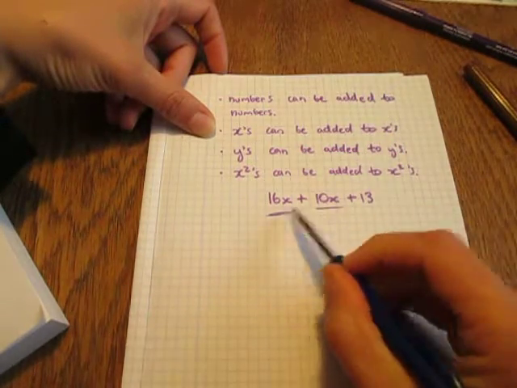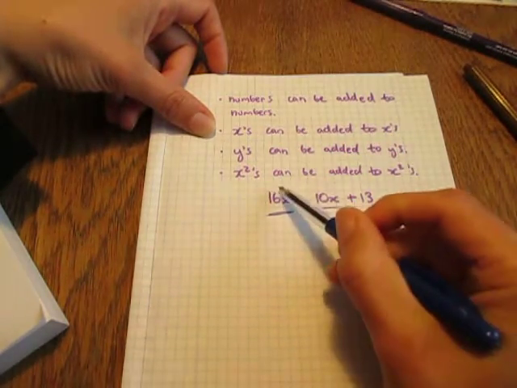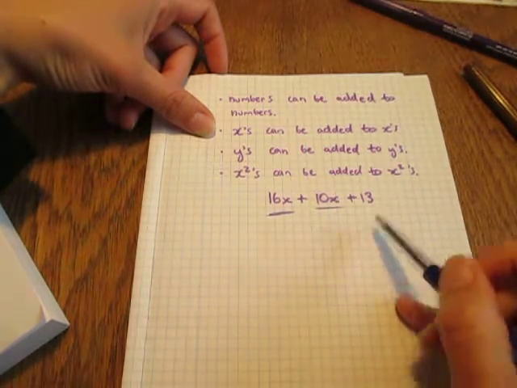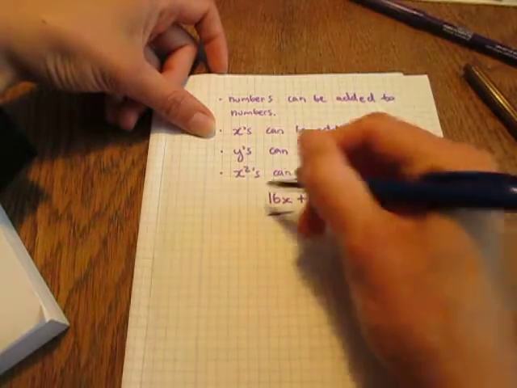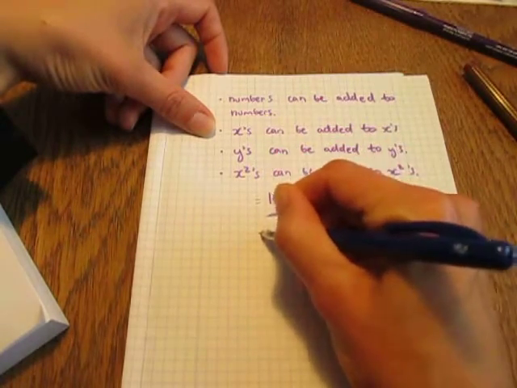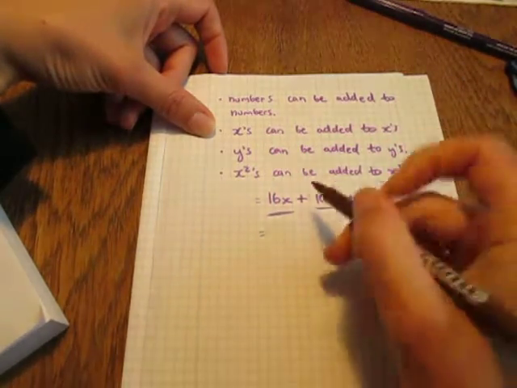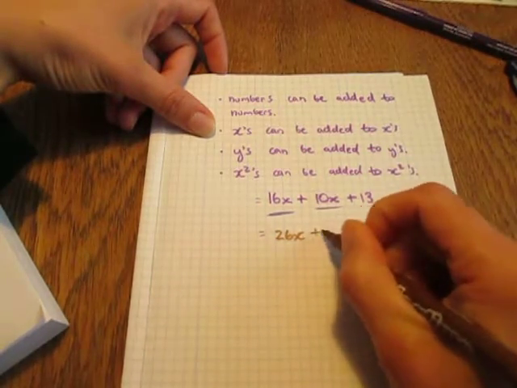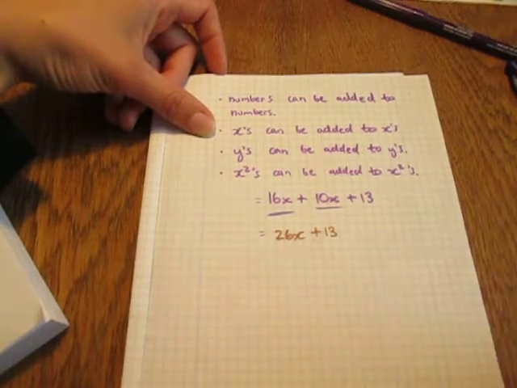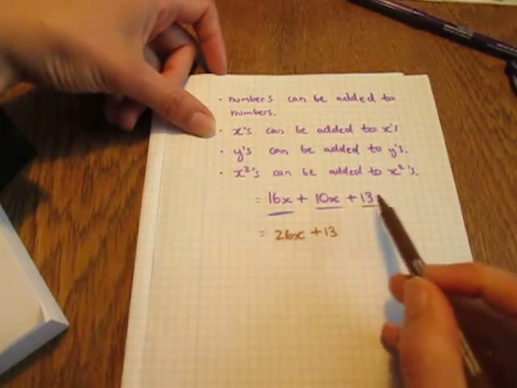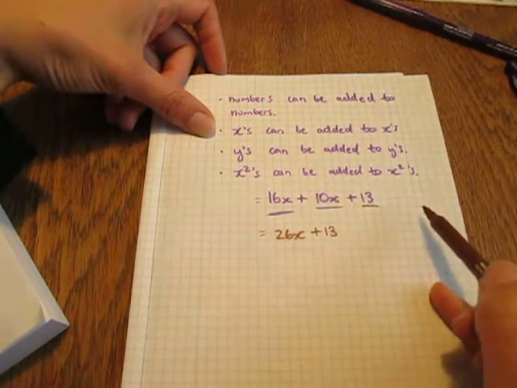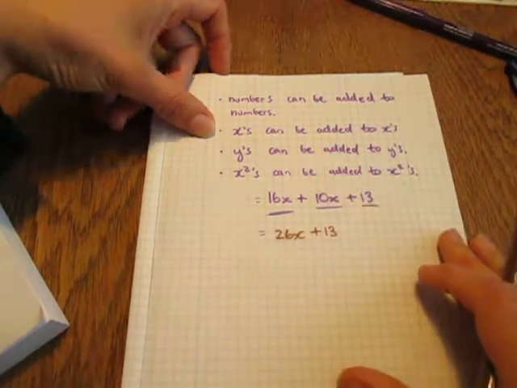So I can add those two like terms together because they're both a number and an x. So this equates to 26x plus 13. Now why can't I add this 13 to anything else? Because it doesn't have an x. It's not a like term. It's not like the others.